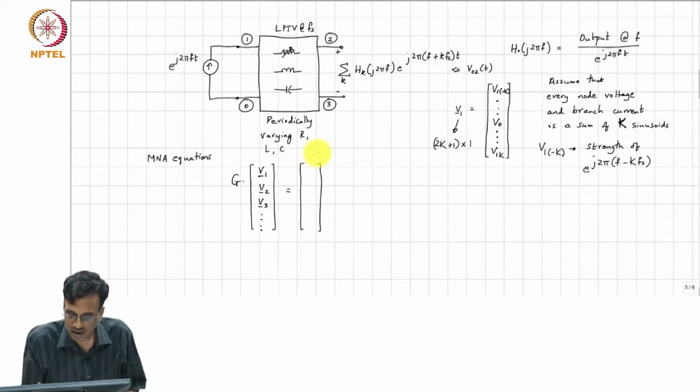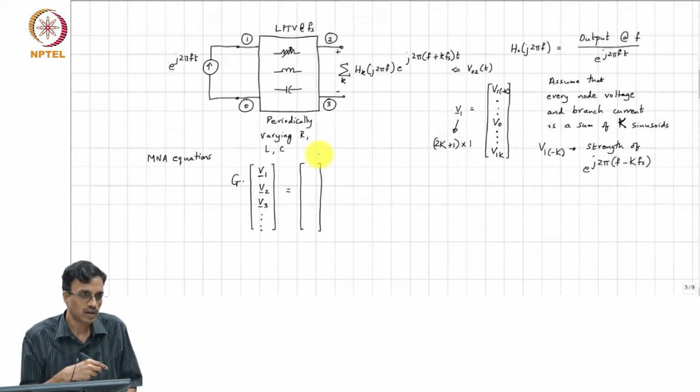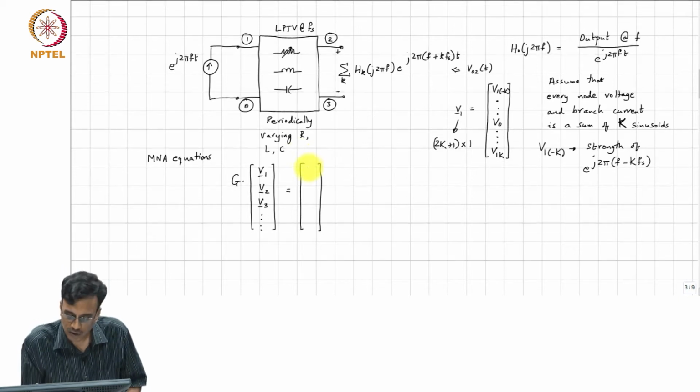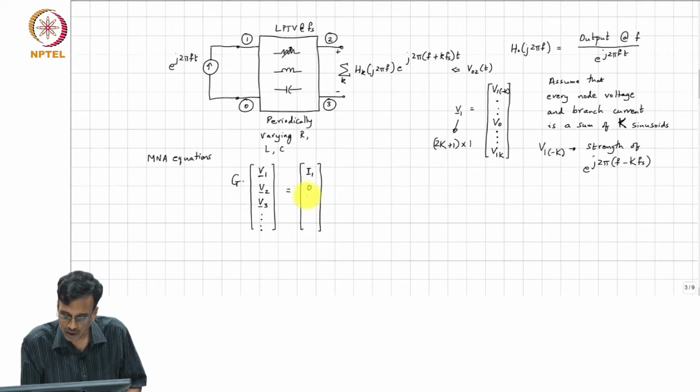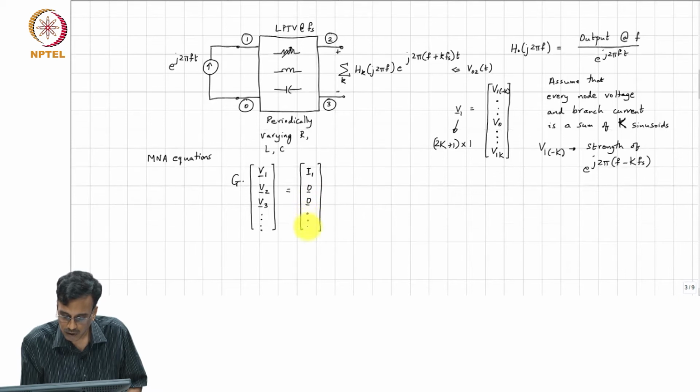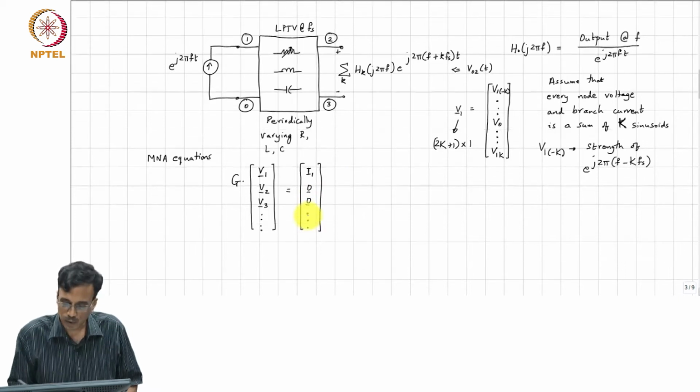So, each current excitation term will also be a column vector. So, let us call this capital I1, and in our case it will be all zeros, right. And what is capital I1?